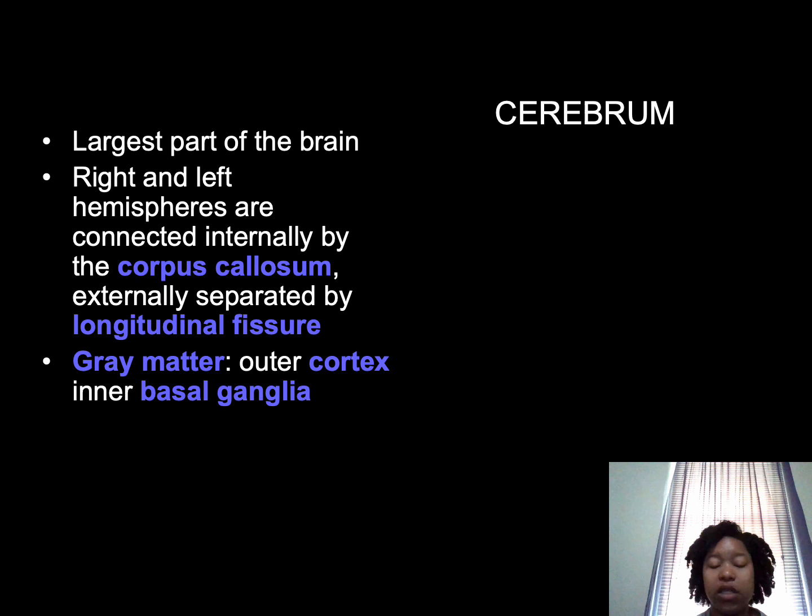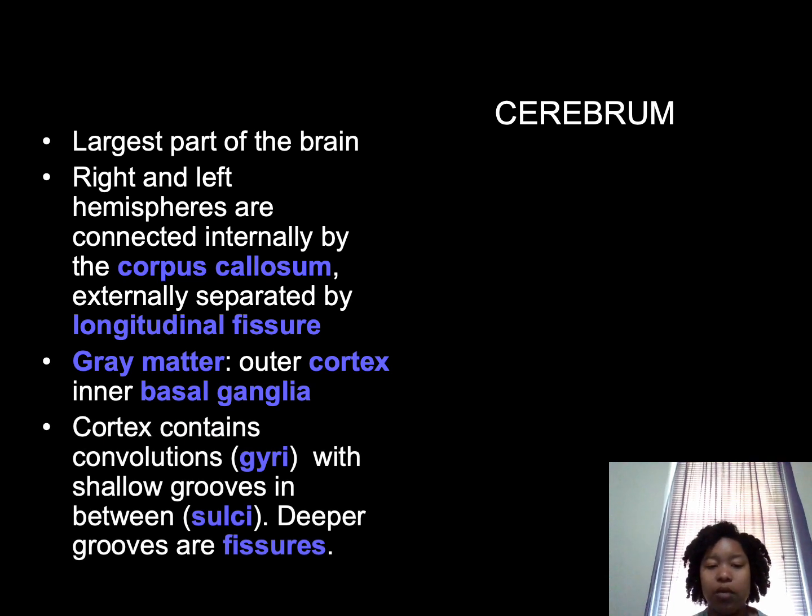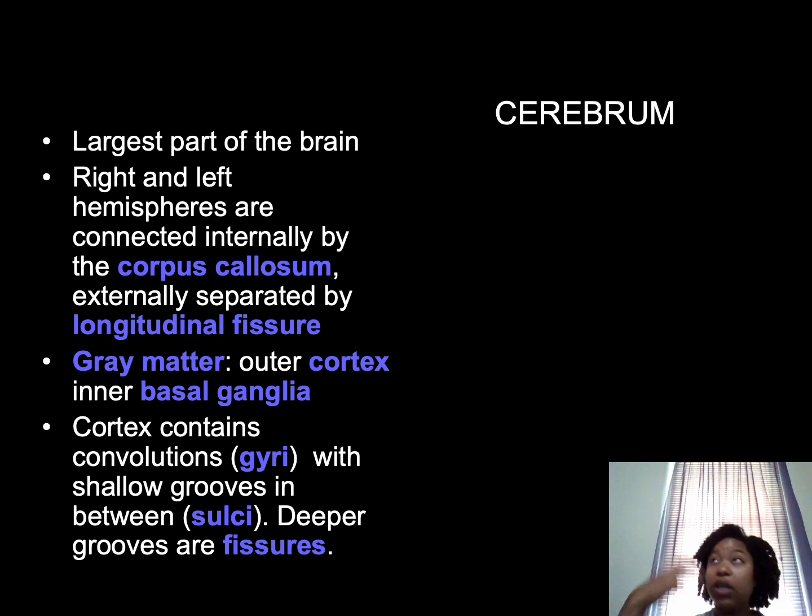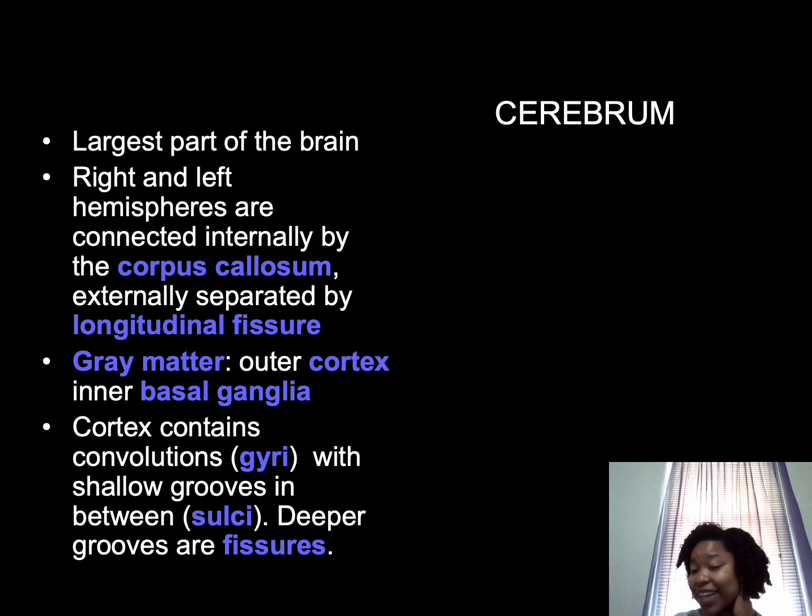So the gray matter is going to be on the outside again, so the outer cortex as well as the inner basal ganglia. The cortex contains convolutions, or gyri, and then shallow grooves in between that are sulci. And deeper grooves are fissures. When you think of a brain, all those wrinkles around it have names, right? Because this is anatomy, everything has a name.